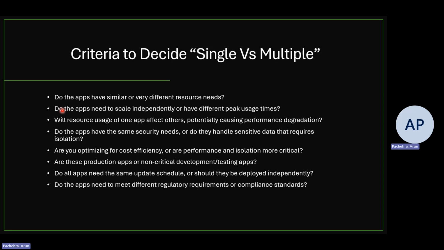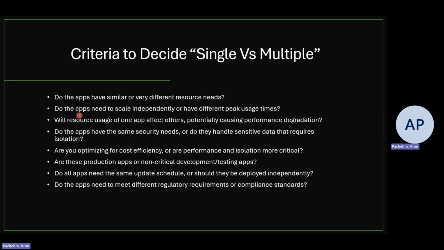And if they don't need scaling at all, like internal application development and things like that, a single plan is good to go. And if one app requires high compute power or memory while others do not, it's better to isolate them to prevent resource contention, right? So the question helps you understand, do the apps have similar or different resource needs? It helps you find single versus multiple.